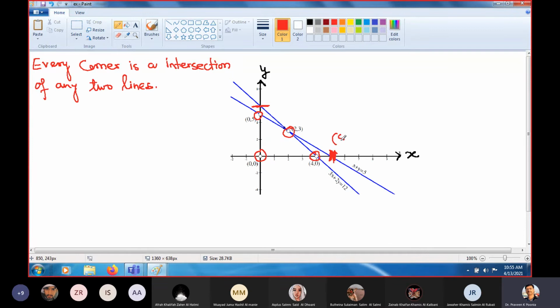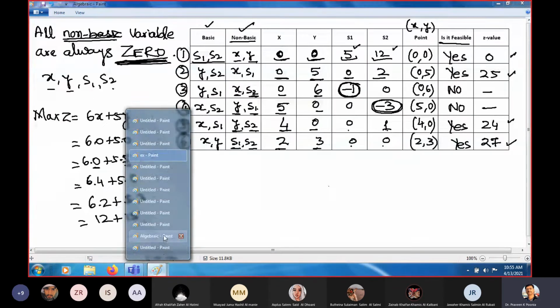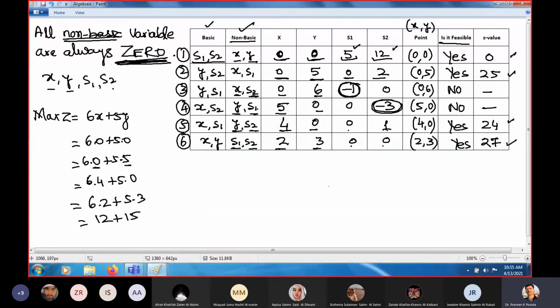What is this corner? This is (5, 0) and this is (0, 6). (5, 0) and (0, 6) are not feasible corners. So the same solution, whatever you get from the graph, we are getting with the algebraic method without the graph.